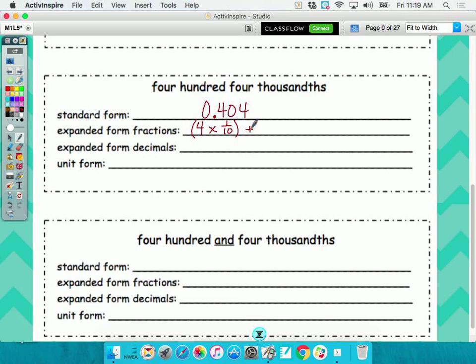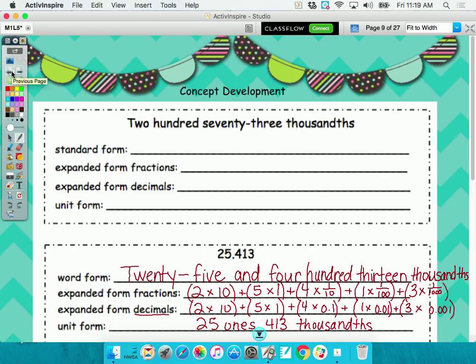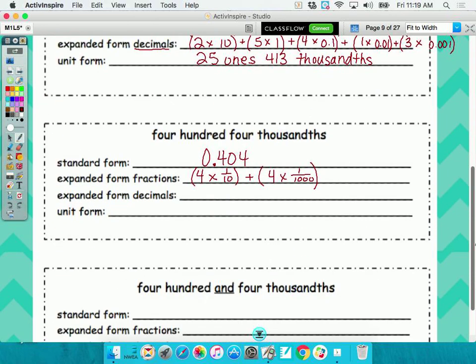No. Plus 4 times 1/1,000. Now I'm going to go back to the place value chart real quick. Is that correct? 4 copies of 1/10 plus 4 copies of 1/1,000. Yes. Okay.